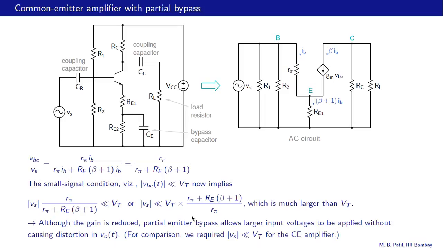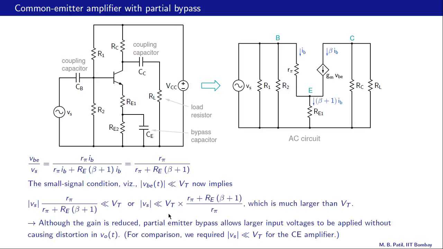Now let us say that this factor is 10. That means this entire expression is 25 millivolts times 10, or 250 millivolts. So the condition required in this case, that is the common emitter amplifier with partial bypass, is that the input amplitude must be smaller than 250 millivolts.